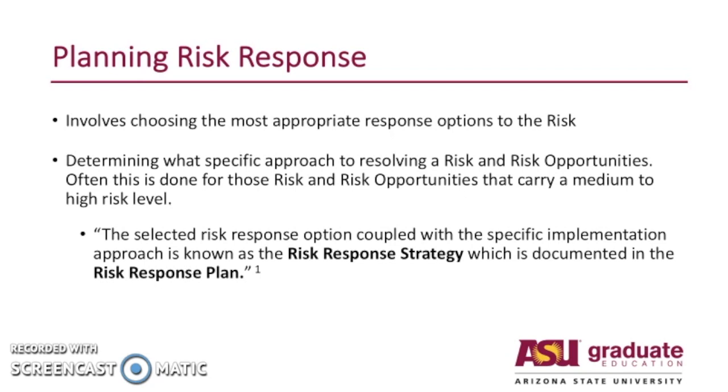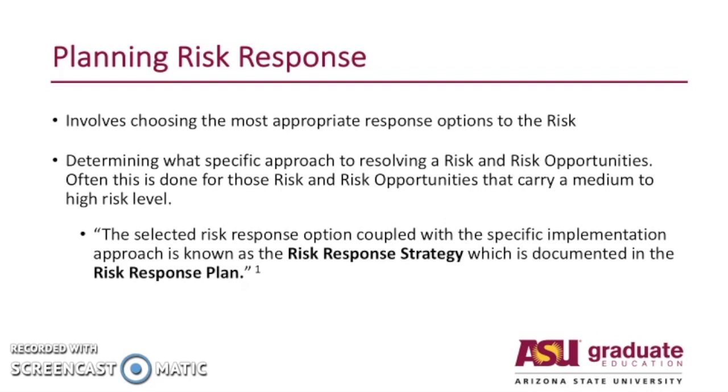The selected risk response option, if you couple that with other specific implementation approaches as part of a project, then you start developing what's called a risk response strategy. And when documented, all of that put together into its own document is then called a risk response plan.